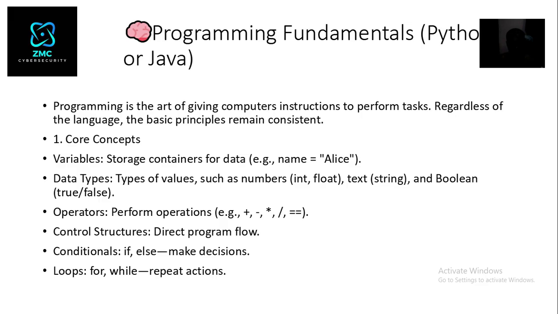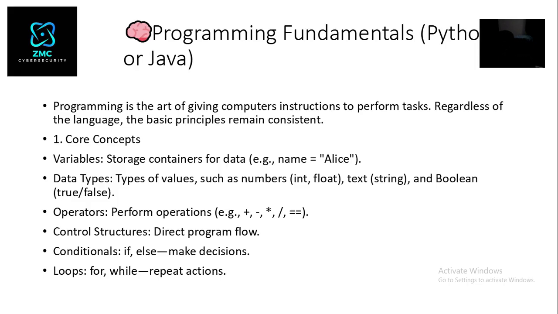Programming is the art of giving computers instructions to perform tasks. Regardless of the language, the basic principles remain consistent. The core concepts: we have variables, which are storage containers for data, for example, name equals Alice.